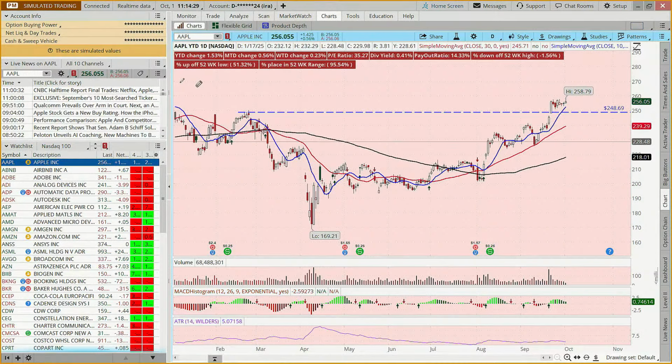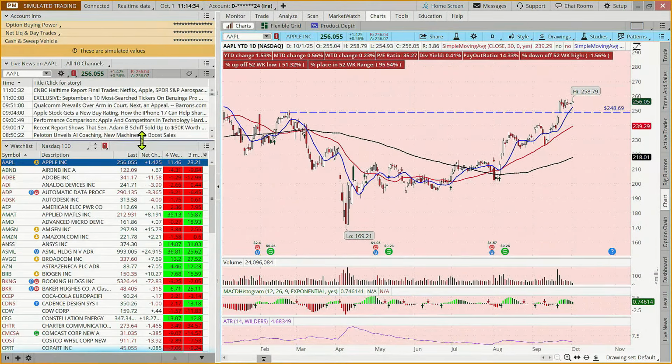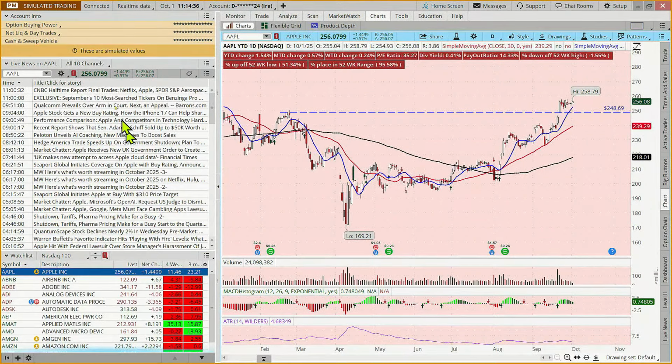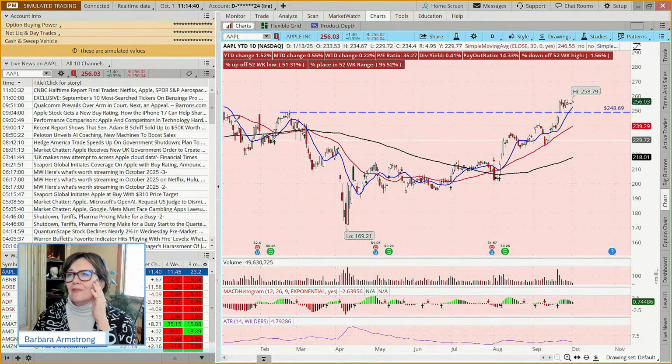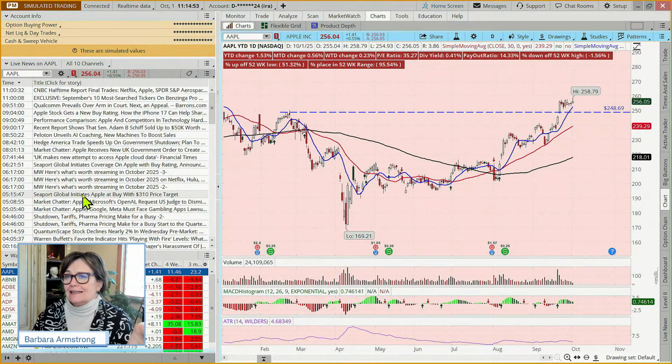And so some might say, well, what other factors might you take into consideration? And this is a class where our focus is on the technical analysis. We're looking at trading price patterns, but some might want to come over here and see that Seaport Global just initiated coverage of this stock, and they've given it a price target of 310.